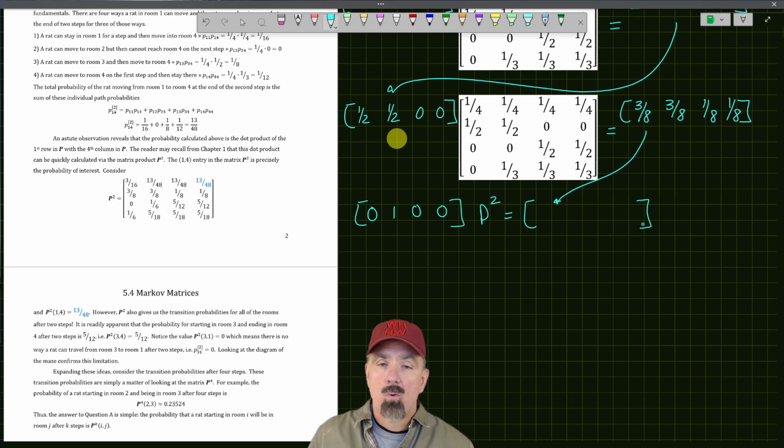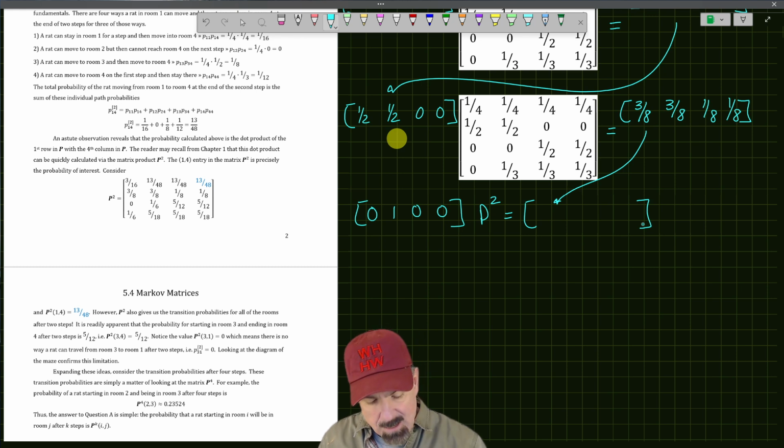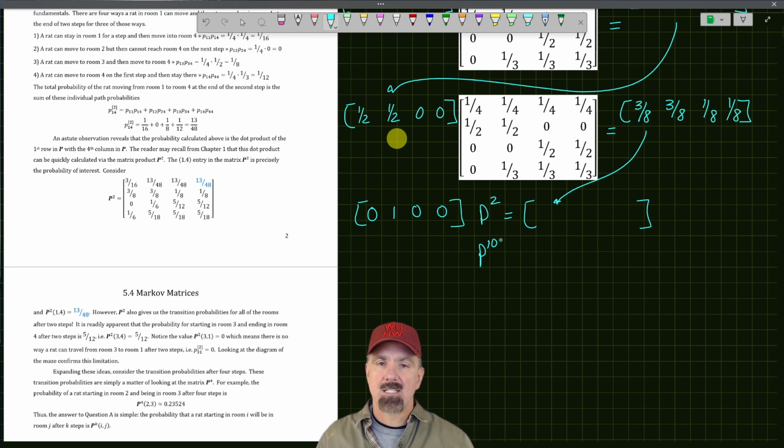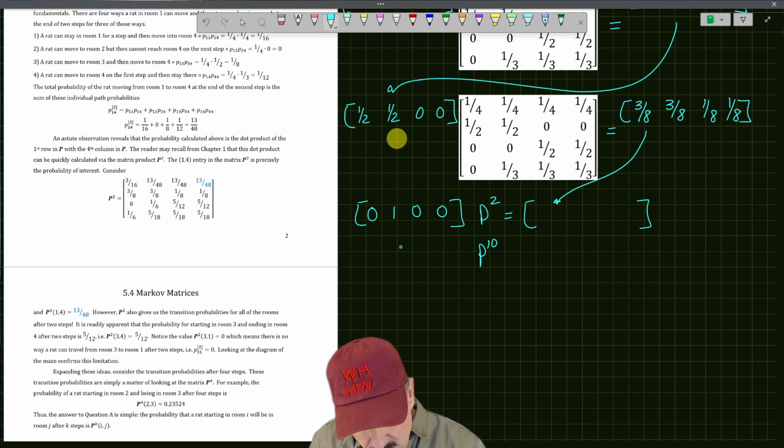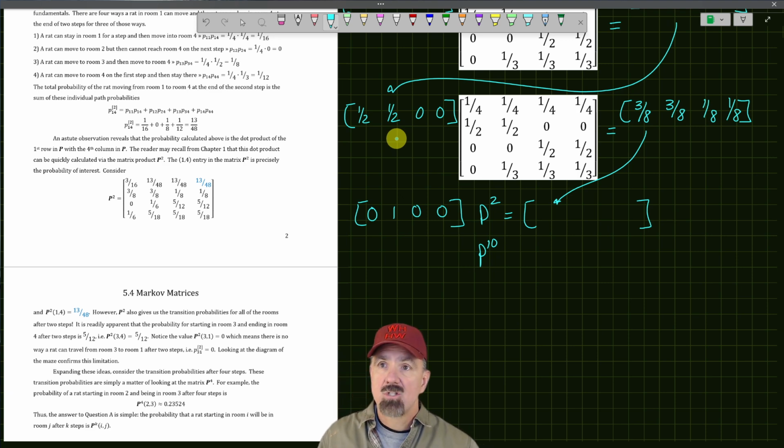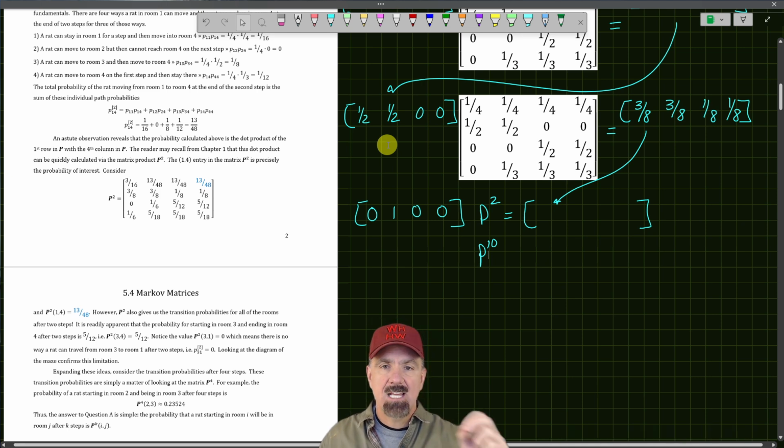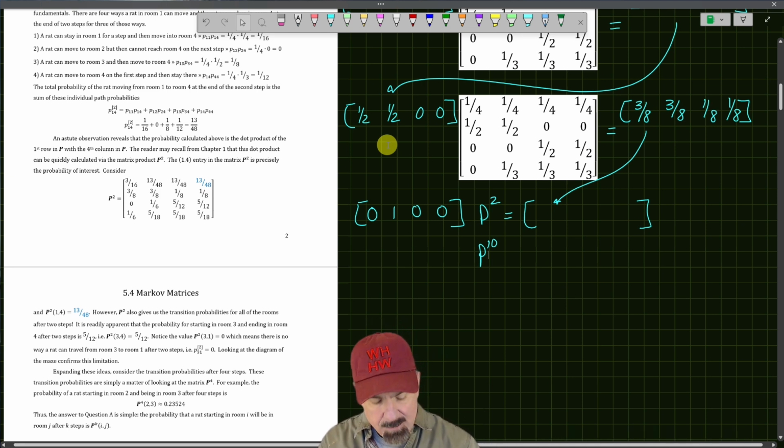And if we want to know the probability of where the rat is after 10 steps, that's just applying the transition matrix 10 times. We can kind of see how this is going to work out: what we have is transitioning from one state to another in 10 steps.